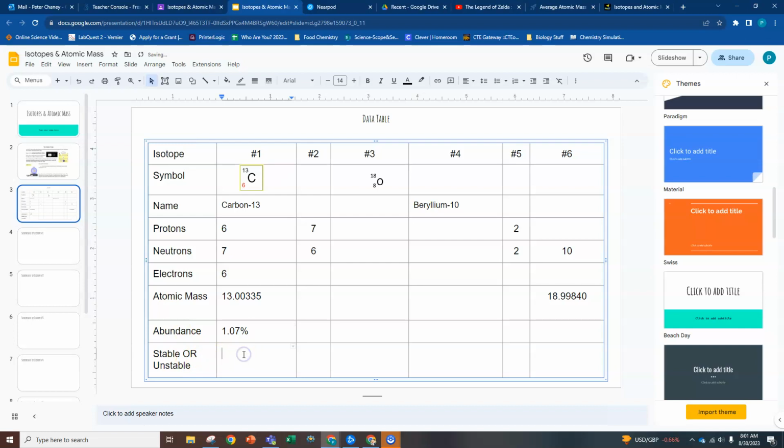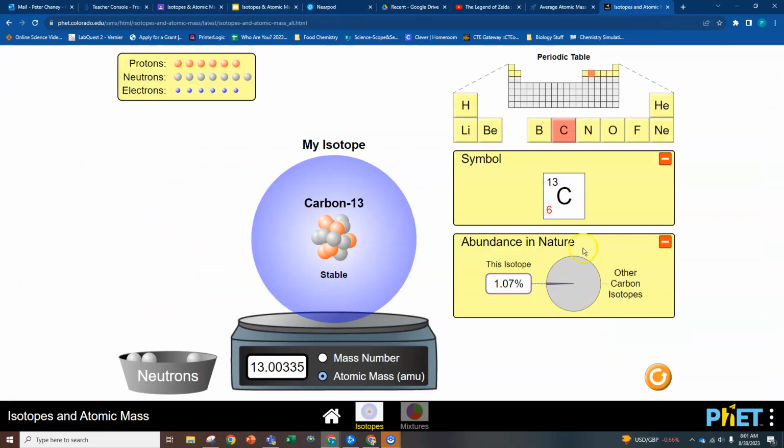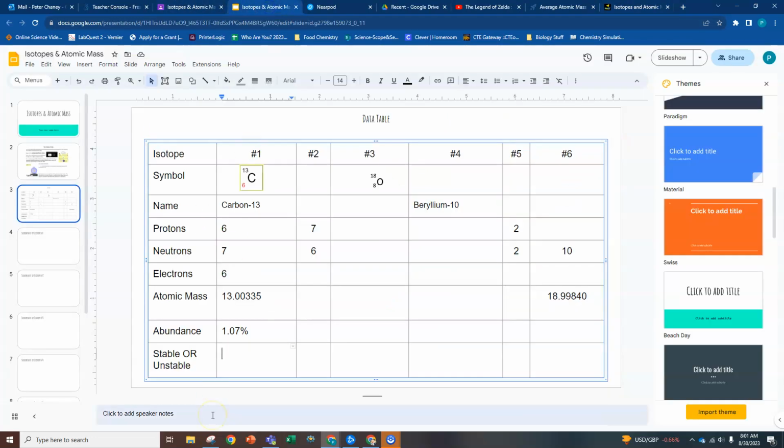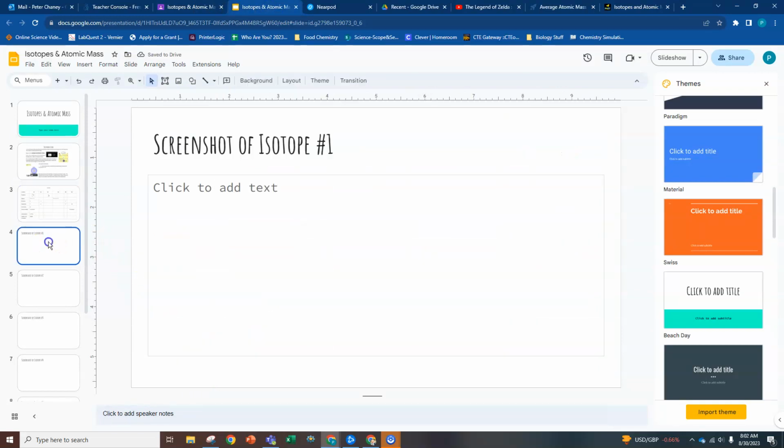And is it stable or unstable? And in order to find that out, we look right here and it says stable, so put that in my chart as well. Stable. And then I'm just going to get a screenshot and put it right here for isotope number 1.